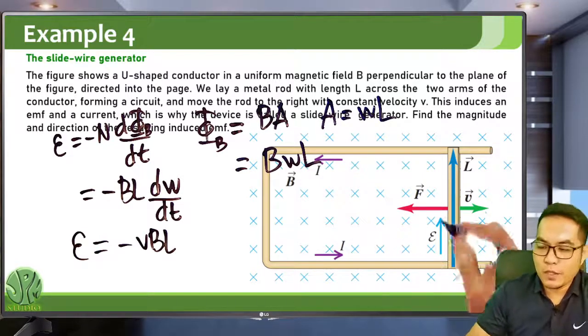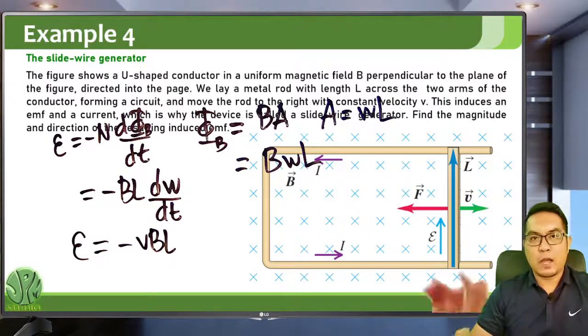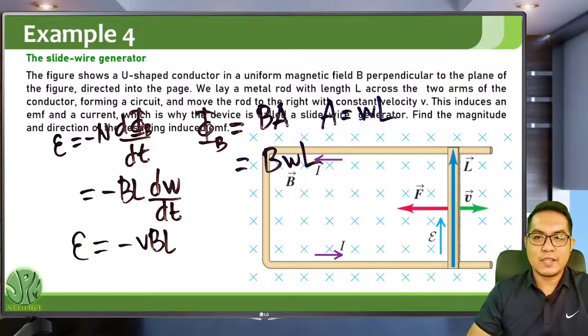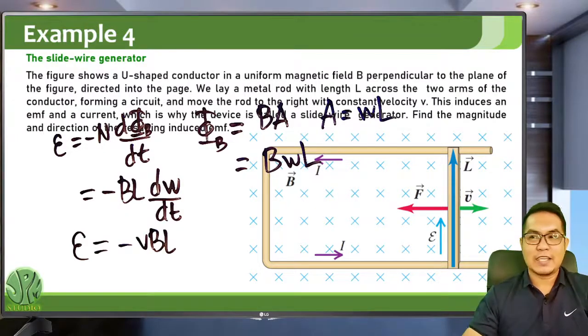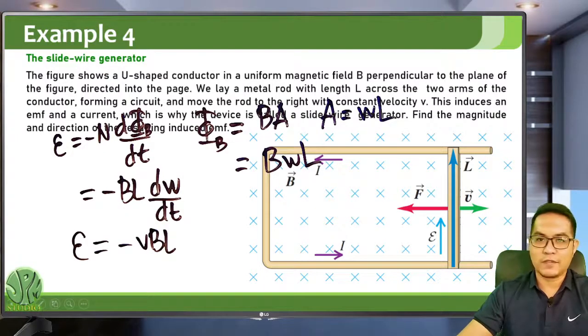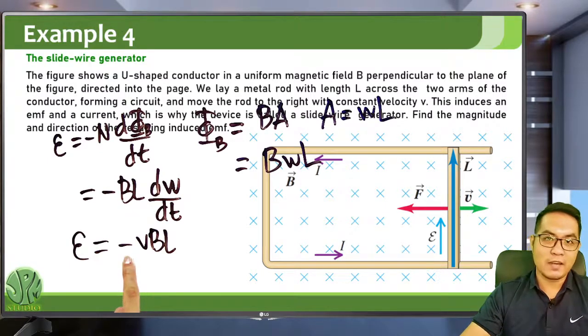I will discuss this in detail in the next lesson, because this is an EMF called a motional EMF. So again, the negative sign here implies that the induced EMF is in the opposite direction to the area and the magnetic field.